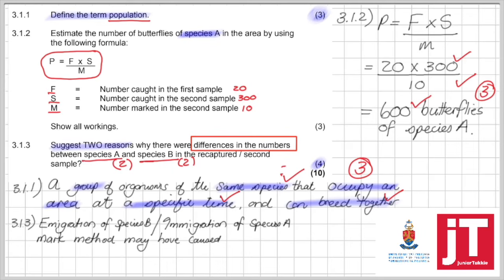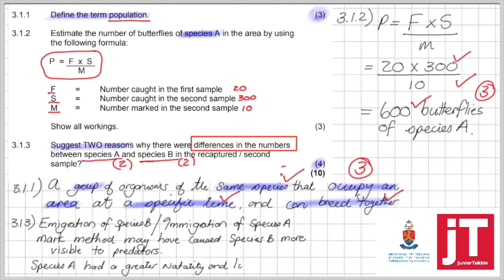If we look carefully here, we could also say that the marking method used for one of the species, particularly species B, may have made these individuals more visible to predators, and therefore they would have been caught a little bit more easily, and therefore those numbers would have been less. We could also say that species A could have had a greater natality and a lower mortality.